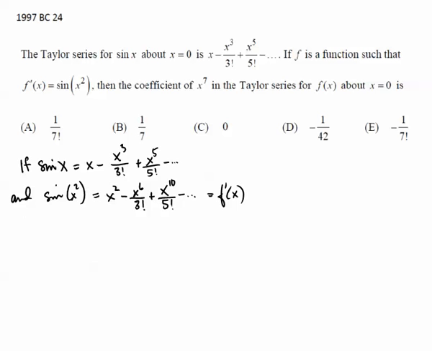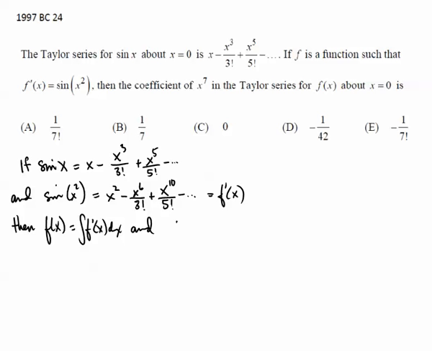Then f of x should really be the integral of f prime of x. And what we're going to do then is take the term-by-term integral of the series of sine of x squared.